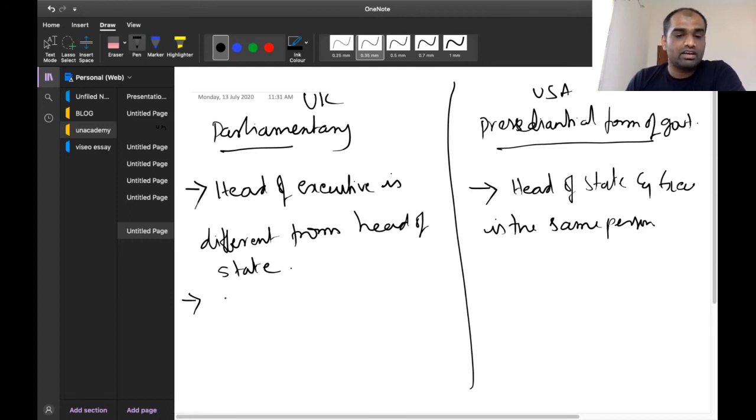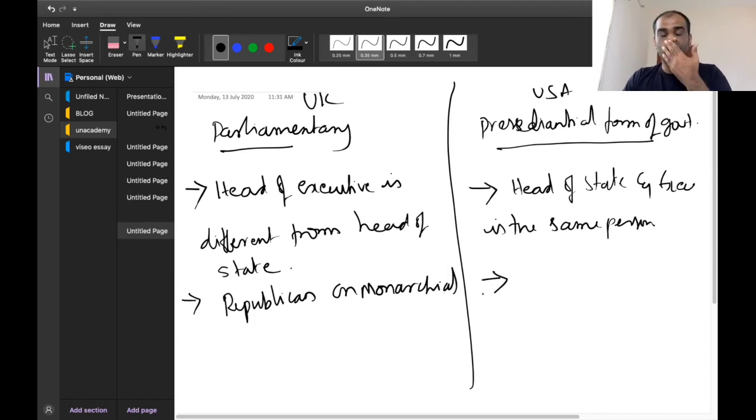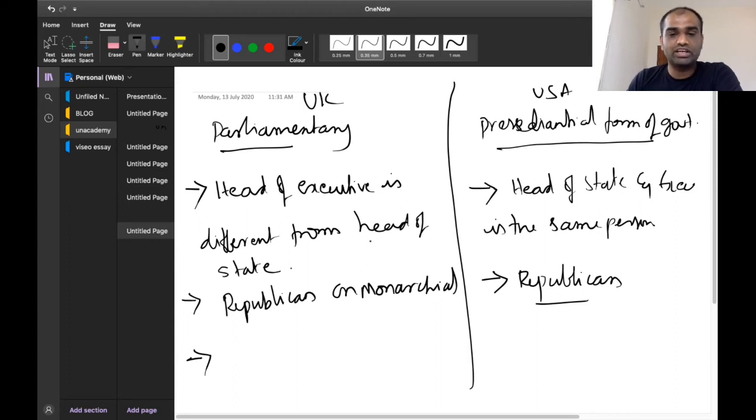Clear? Since the head of executive and head of state are different in the parliamentary form of government, it can follow either a Republican or a monarchical form of state. Here, the parliamentary form of government can follow either a Republican or a monarchical form of government. But the presidential form of government can only be a Republican mode of government. Now, in the case of the head of state in a parliamentary form of government, it can be either elected or selected by means of lineage.